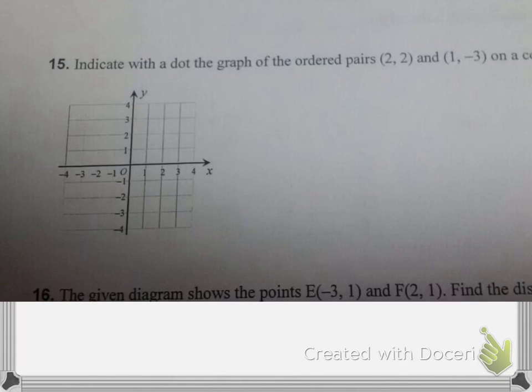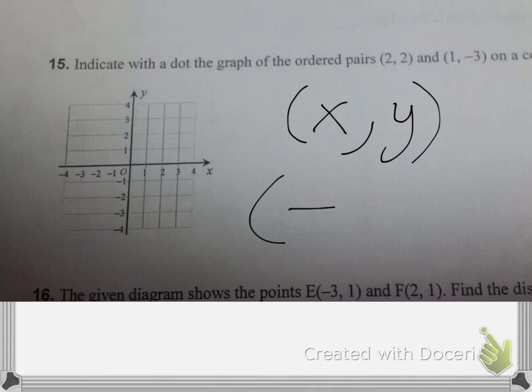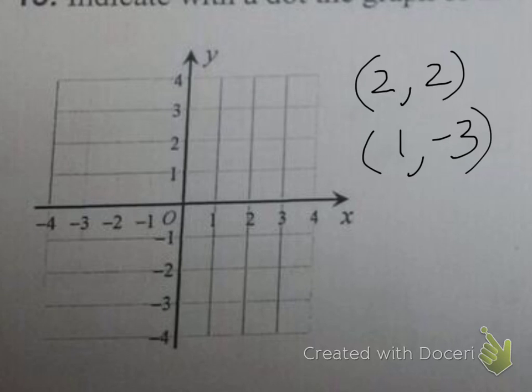Okay, for number 15, they want us to put dots on the graph for the ordered pairs (2, 2) and (1, -3). So remember, we have our ordered pairs, X's first, then Y's, so we always go across, and then we go up or down. And then, of course, to the right is positive, left is negative, up is positive, down is negative. So let's take a look at our first one, (2, 2). We start at the origin, which is in the middle.